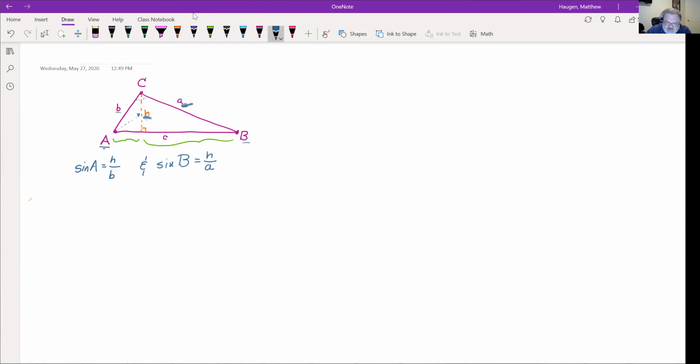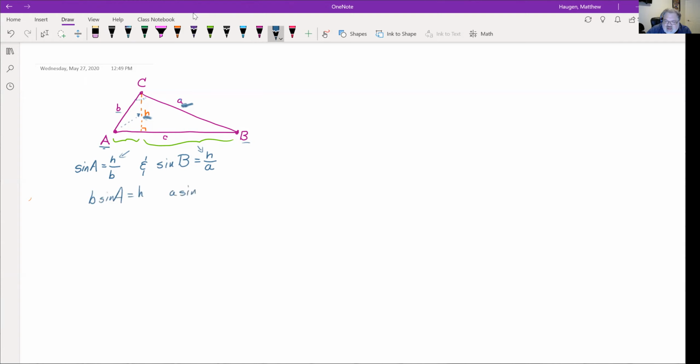Now, those arguments might not seem terribly significant, but because they both include that height length, we could solve both of these for that length h.